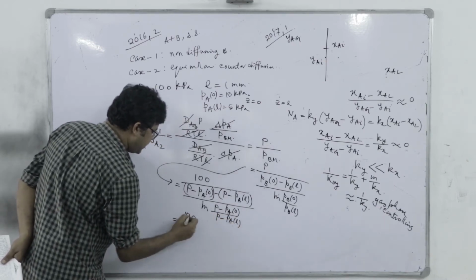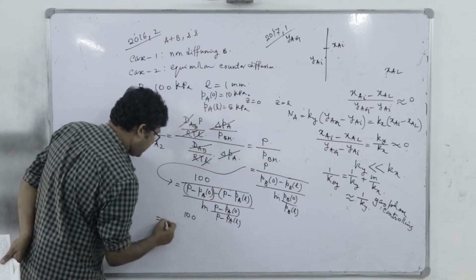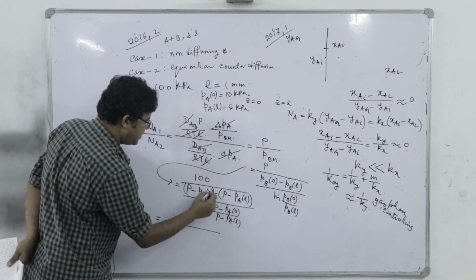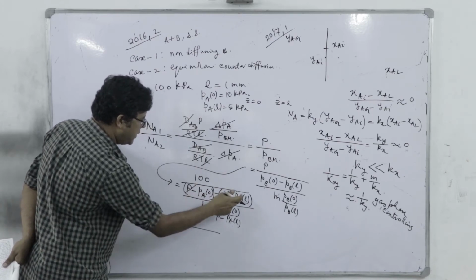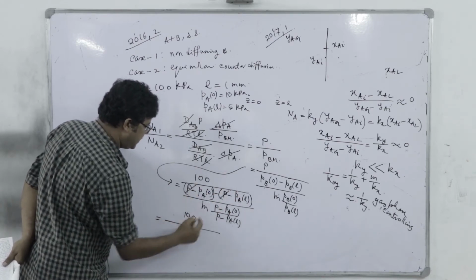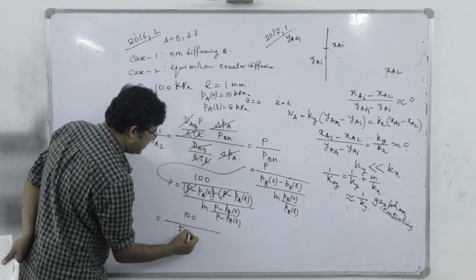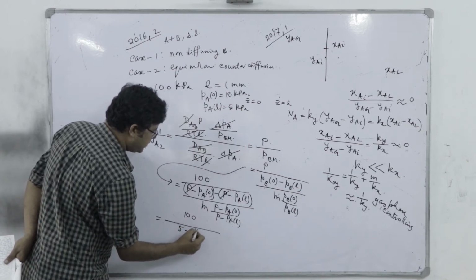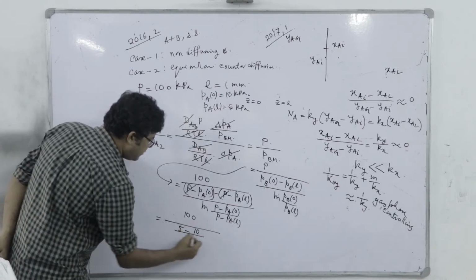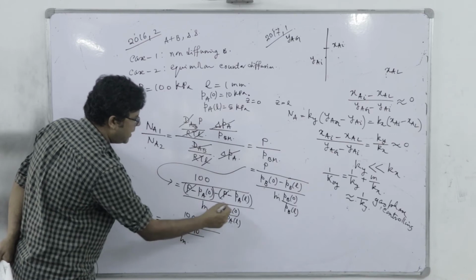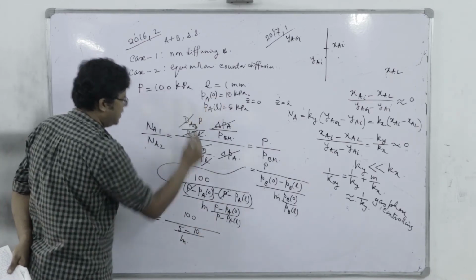So, this is 100, and you see here this P and P cancels out. So, it is PAL minus PA0. PAL is 5, PA0 is 10, right. 5 and 10 by ln of P minus PA0. PA0 is 10, total is 100.